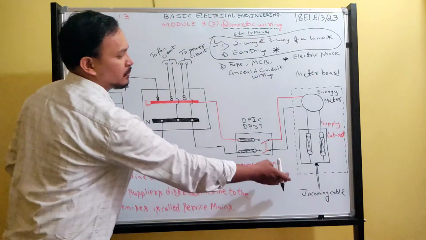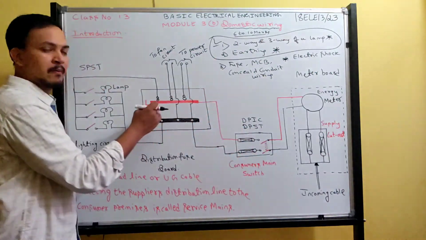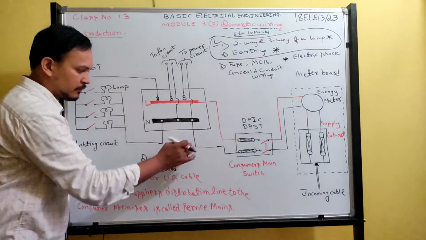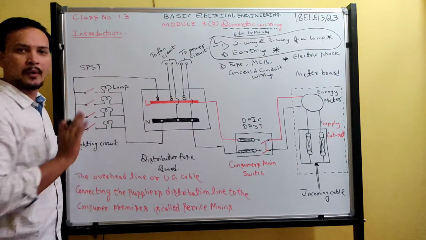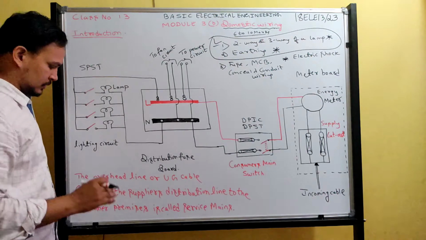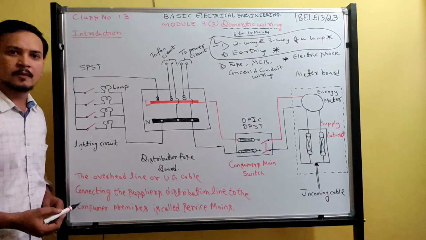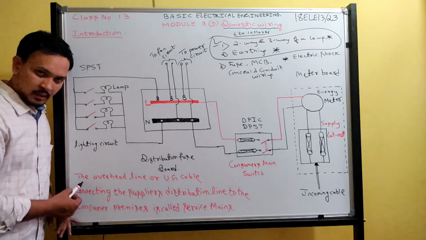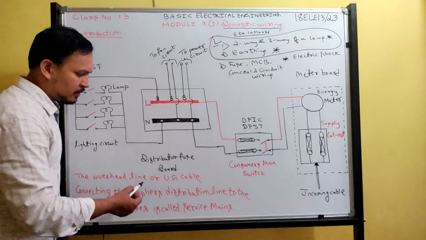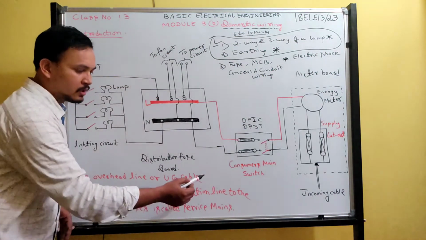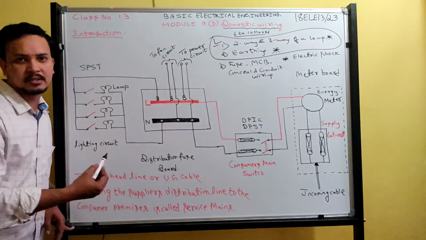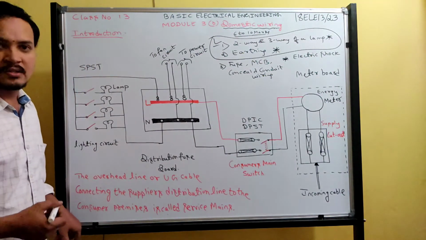Once the supply is reached here, obviously supply will come here, and for this distribution load, several sub-circuits are connected. Okay, got it? So this is called service mains. Remember once again, read it once again.